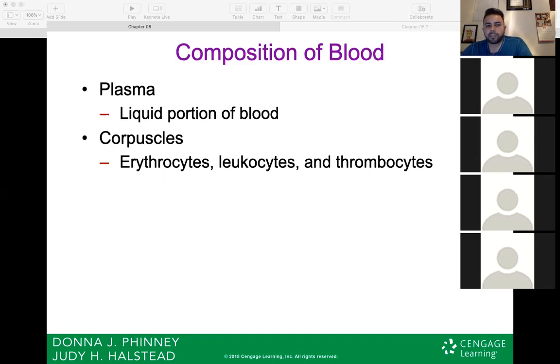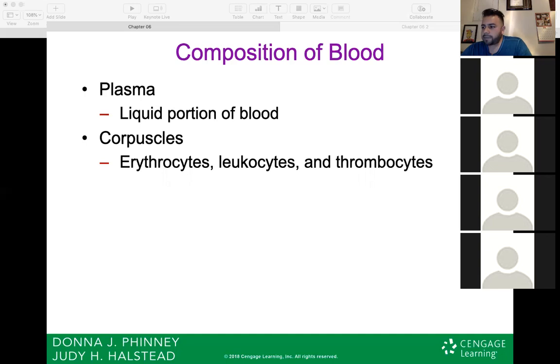The liquid portion of the blood is called the plasma, and it is made of about 91% water. It carries nutrients, hormones, and wastes. The solid part of the blood is called corpuscles, and there are 3 types. Erythrocytes are red blood cells and contain hemoglobin, the protein that carries oxygen.